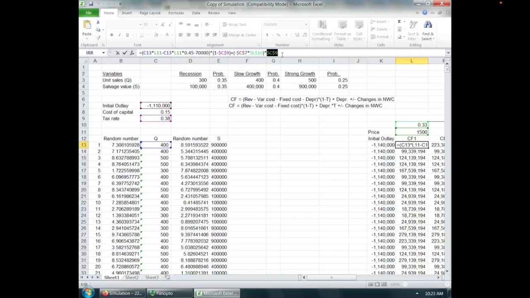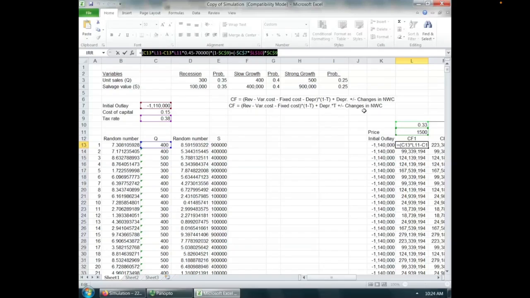And when I multiply that amount by the tax rate, I end up with depreciation tax shield. So please note that here I have a negative sign in front of the initial outlay because that number is negative. So I'm just putting a negative number here to make sure that the depreciation that I'm calculating here is a positive number and the depreciation tax shield is a positive number. Okay, so this, what we have here, is this portion up to here. So revenues minus cost minus fixed cost times 1 minus tax rate plus depreciation tax shield.